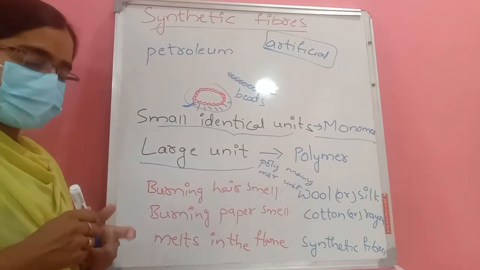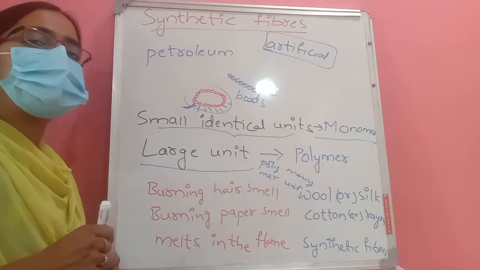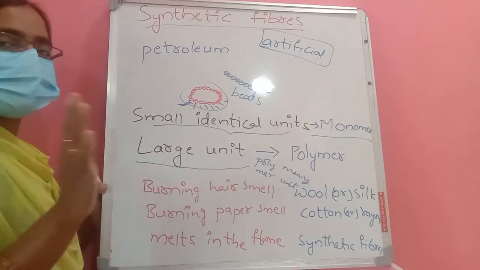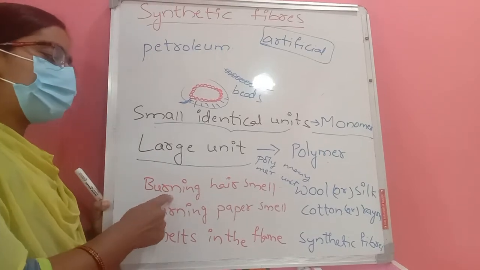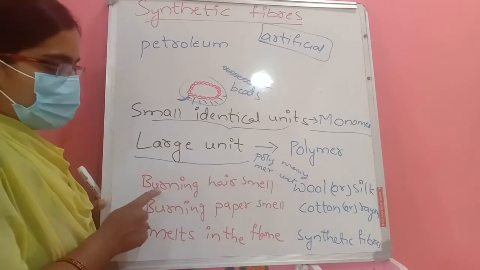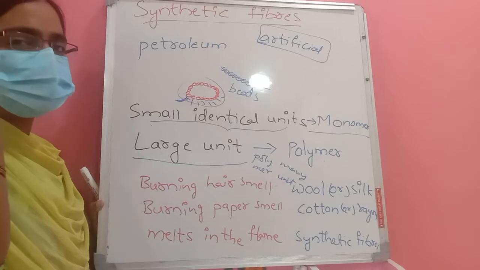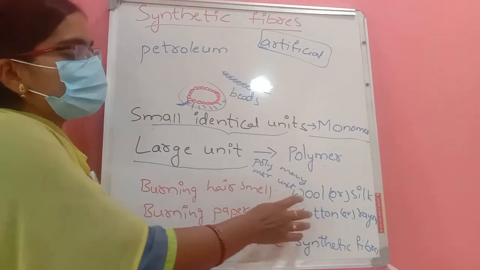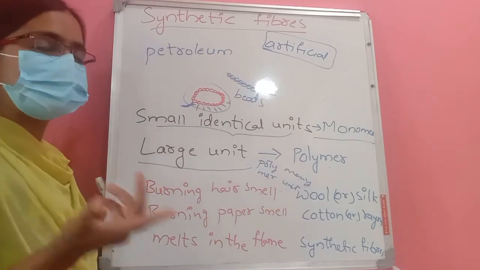Next, if you have a fiber, whether it is a natural fiber or a synthetic fiber, how can you test? Simple, by the burning test. If you burn a fiber and it gives a burning hair smell, then we can say that it is wool or silk.